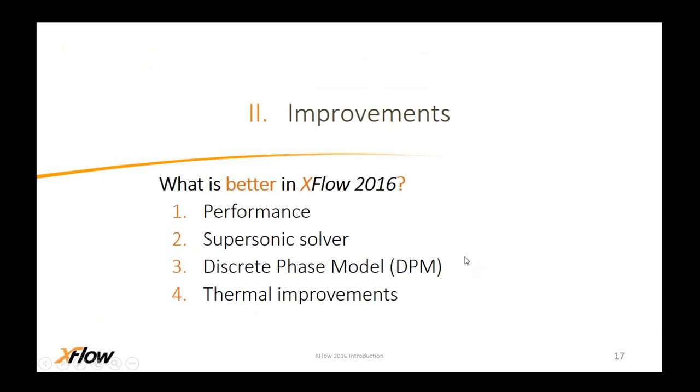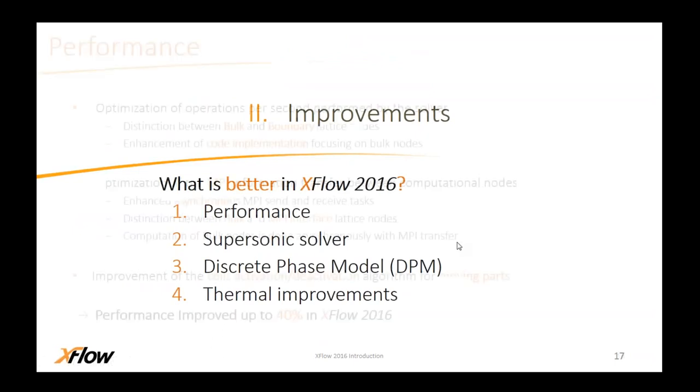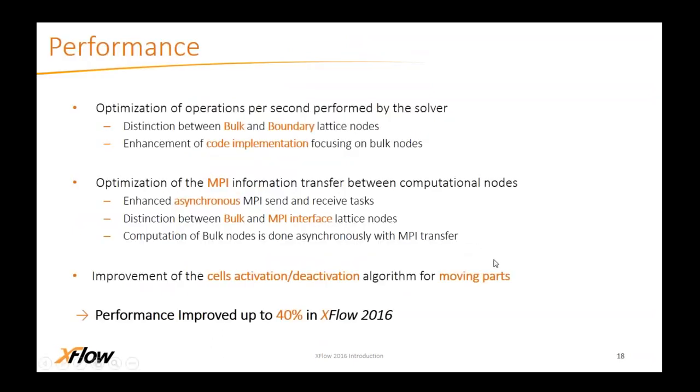In terms of improvements, we have quite a few. First, in terms of performance, because we optimized our code quite a lot. We now have a distinction between the bulk and the boundary lattice nodes, which are the ones on the frontier, the borders, and the ones that are inside the fluid.